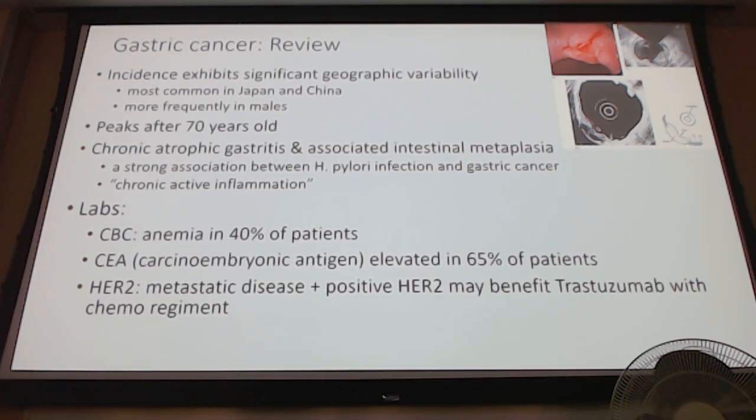If that's positive, we can add trastuzumab with their chemo, and a lot of times it'll actually help. So that's a new thing. If you have metastatic disease and a positive HER2, they can benefit from that med.